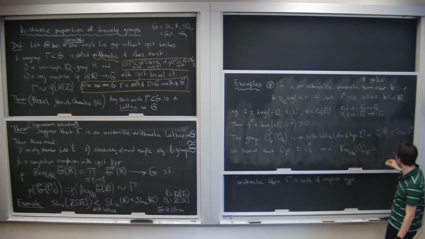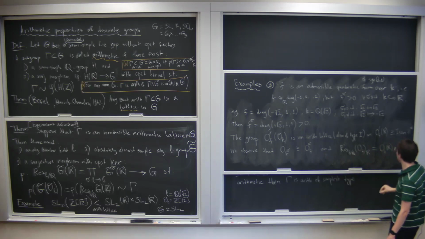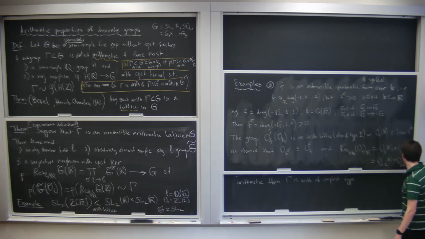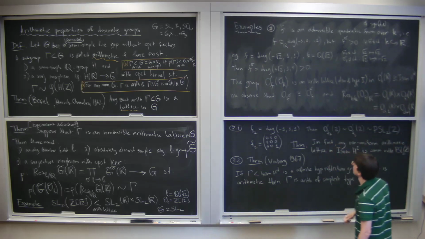It is a product of just OF of R times OF sigma of R. But then this is precisely OD1 of R, and this is the compact group, OD plus 1 of R. And this is what I obtain in this case.